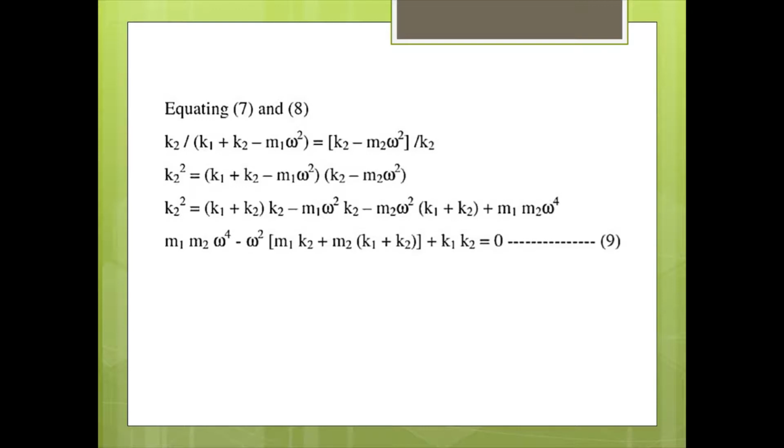Now equating equation number 7 and 8, we can find out a relation between all these parameters m1, m2, k1, k2 as well as the omega, which is the natural frequency. Now this equation number 8 takes a form where the order of the equation is 4 actually. So to simplify this equation, we can consider omega square is equal to lambda, and then this equation number 9 will take a form like this, which is a simple quadratic equation.